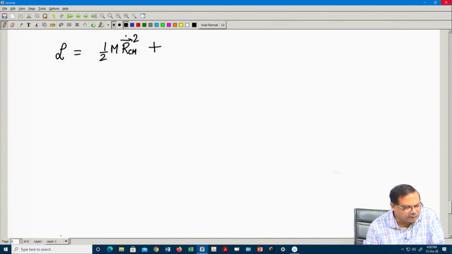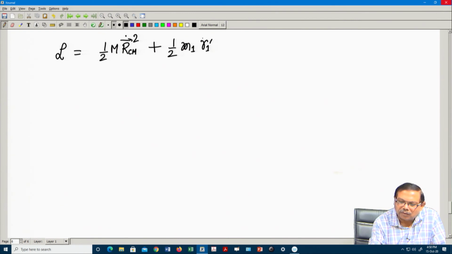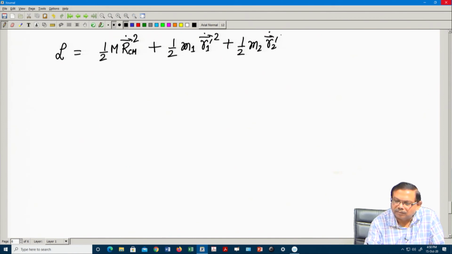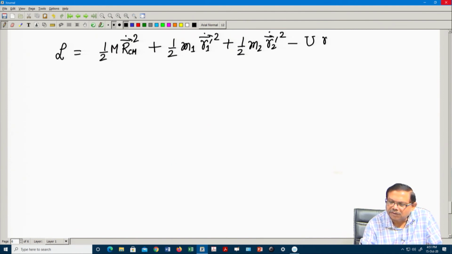So, with respect to center of mass, I have half m1 r1 prime dot square plus half m2 r2 prime dot square. So, this is the kinetic energy of the system, and then we have potential energy. So, minus potential energy, which is mod of r1 prime minus r2 prime, the same as r1 minus r2. Okay.